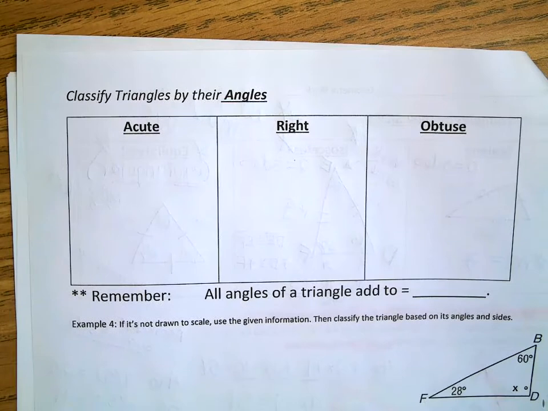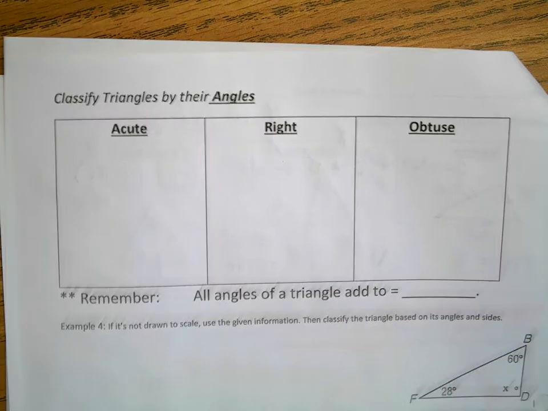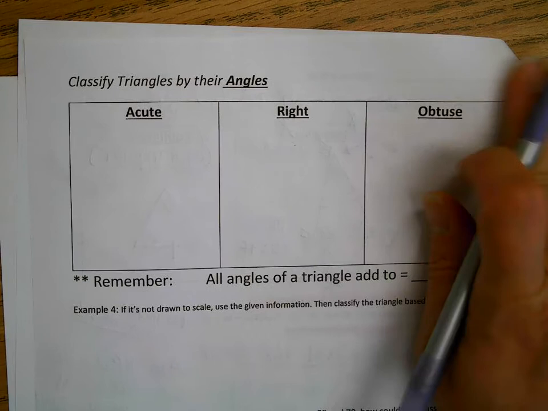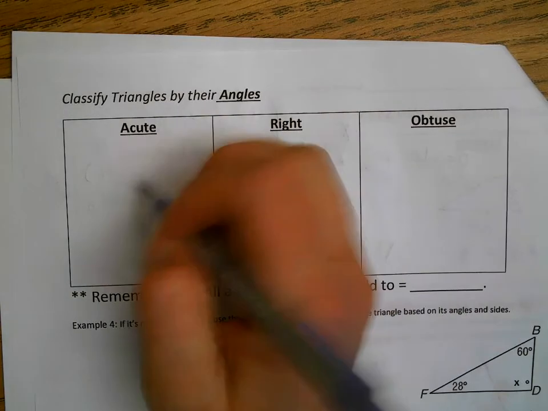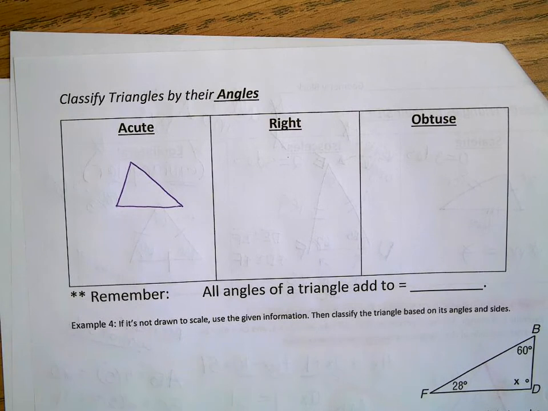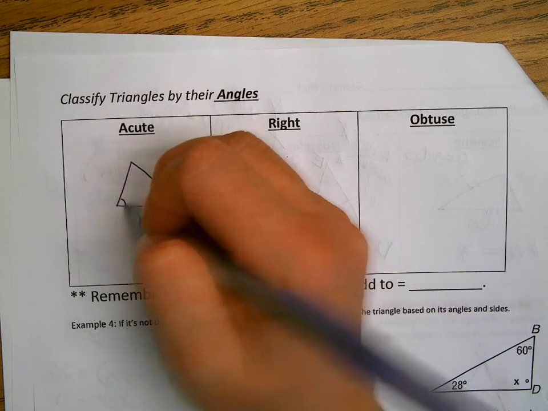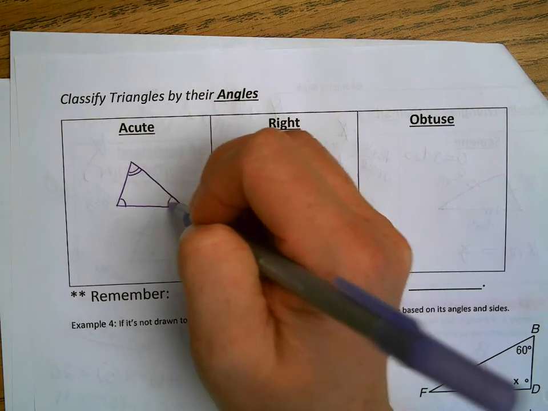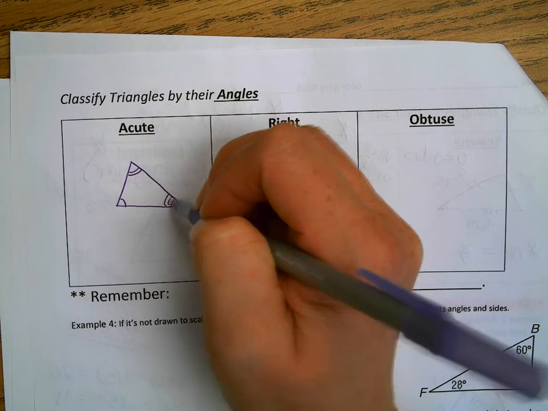The next page is classifying triangles based on their angles. So we have acute triangles, where all the angles are small. Okay. So here's a nice little triangle. This angle and this angle might all be different measures.